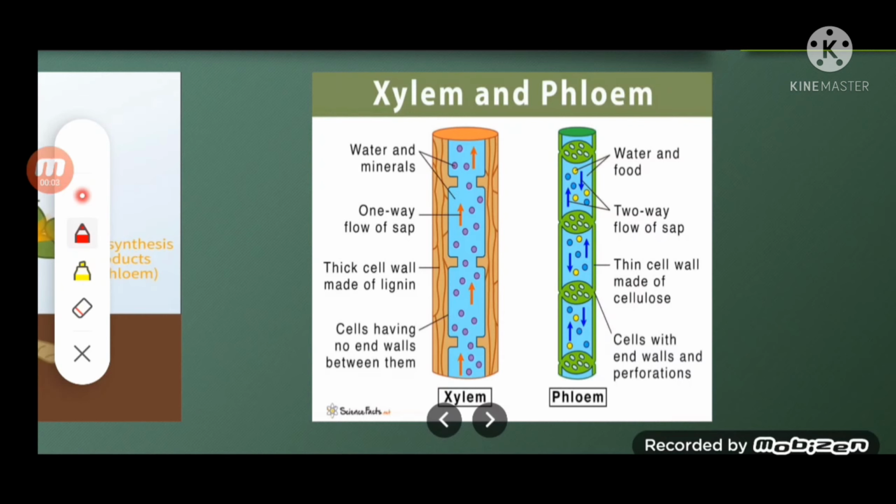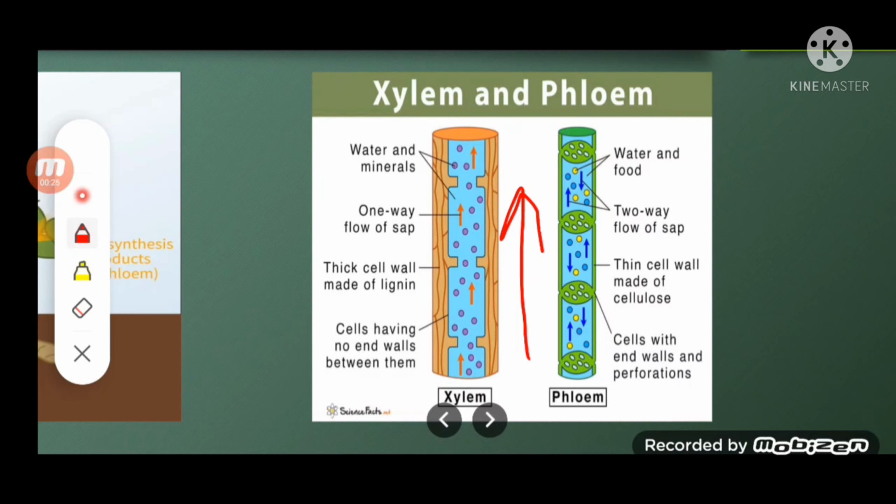Now about the direction of transportation in xylem and phloem. As we have seen, the water which is absorbed by the root, the xylem tissues transport it in upward direction, that is unidirectional.